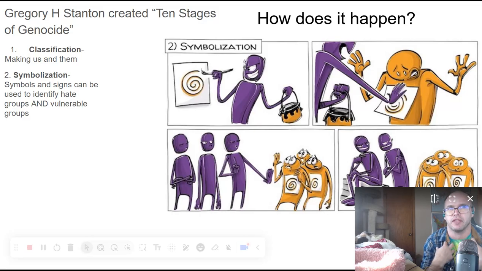That identifies me as a Green Bay Packers fan. But in the context of a genocide, symbols and signs are used to identify hate groups and in-groups of those who want to do a genocide and the people they want to attack, the vulnerable groups.